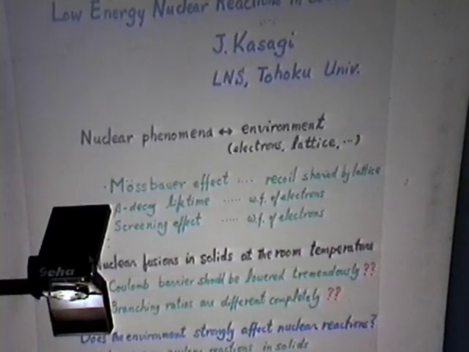The most famous effect is, of course, the Mössbauer effect, which is just a recoilless gamma ray transition. The recoil energy is shared by the whole lattice itself, so the transition energy is completely converted to the gamma ray energy without any loss of energy.